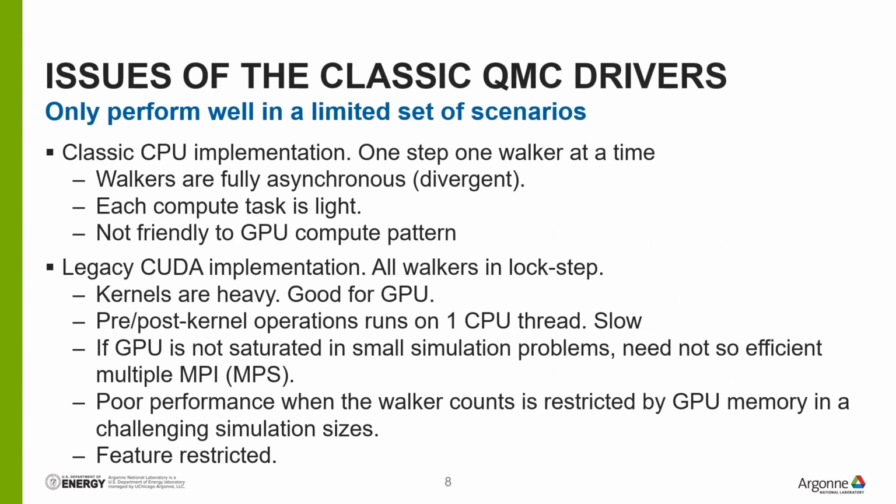So this classical design of QMC drivers brings us tons of troubles. The CPU classic driver doesn't work friendly for GPU. The nice part, as I said, is asynchronous between workers. The legacy CUDA implementation is very good for GPU, but you can't force that way of computing back to the CPU because you just leave CPU cores idle.